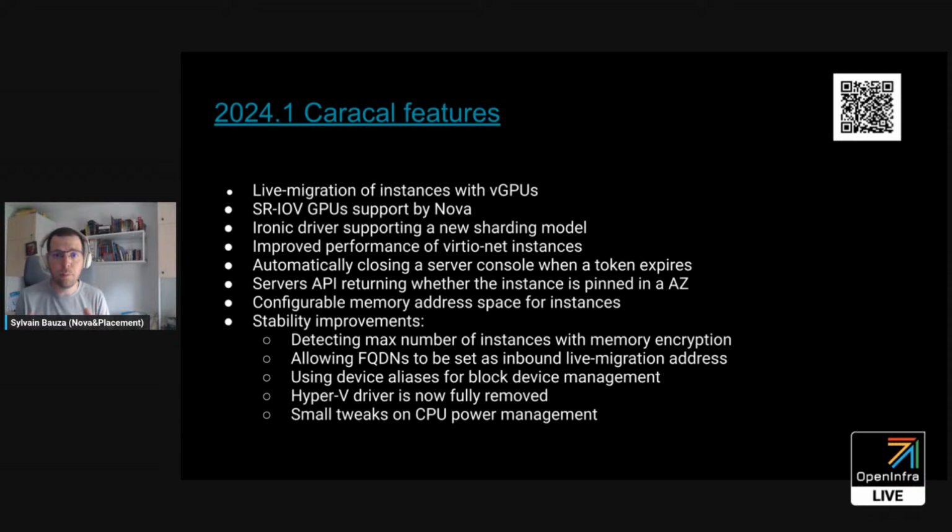Another feature: maybe you know about availability zones. Most of the operators were asking us whether it was possible to move an instance out of a specific availability zone, because that depends on whether the user asked for a specific AZ when he created the instance.